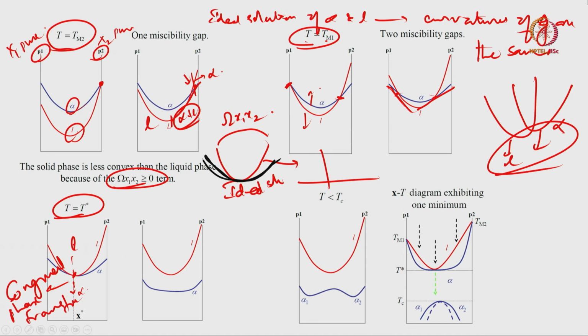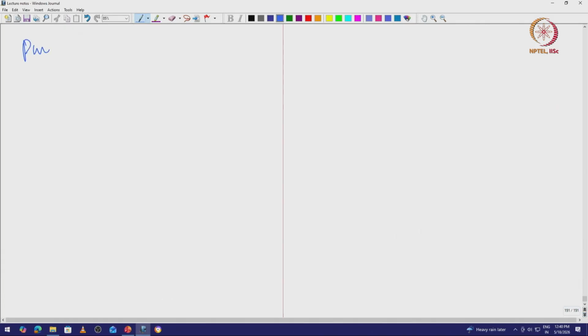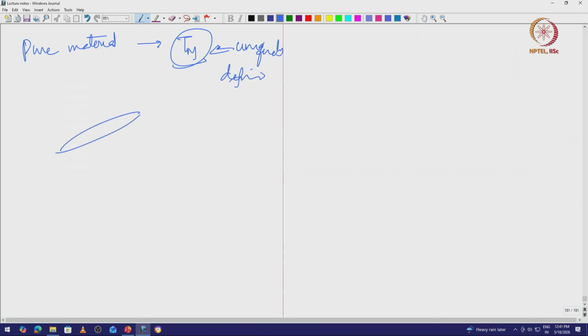If I take a pure material, I will have just one melting point. So melting point is uniquely defined. If I have an impure material, let us say an isomorphous material, and I ask you, this is liquid, this is solid, where is it melting, I am saying that okay, it starts melting here, it ends melting here.